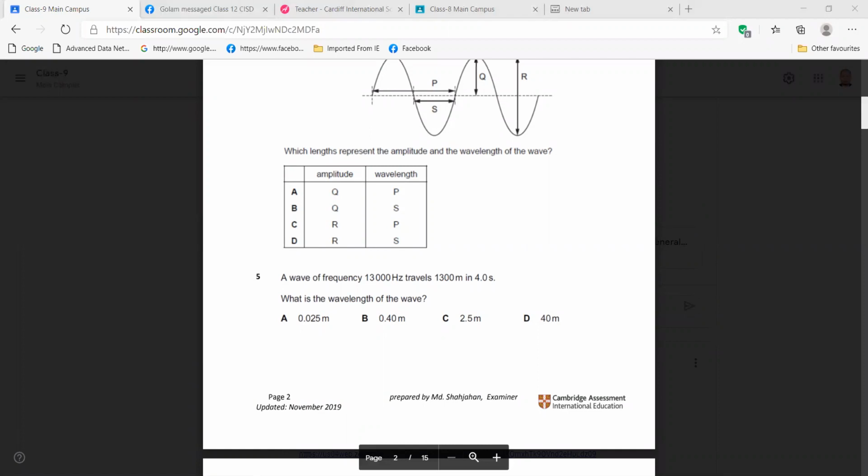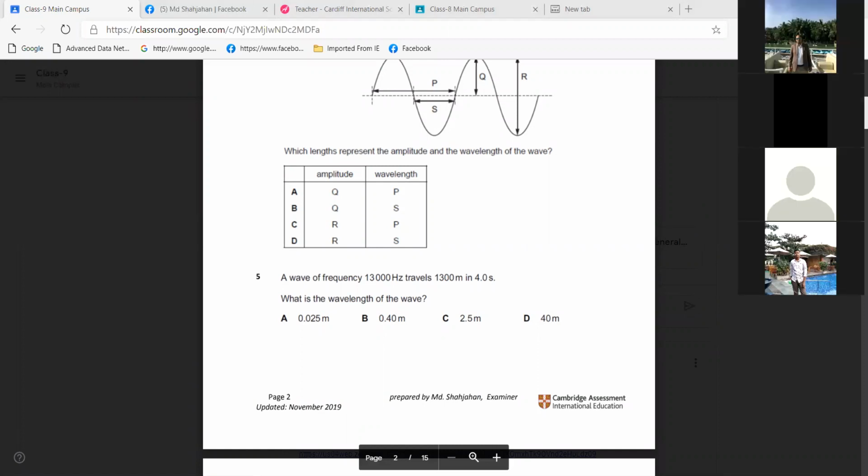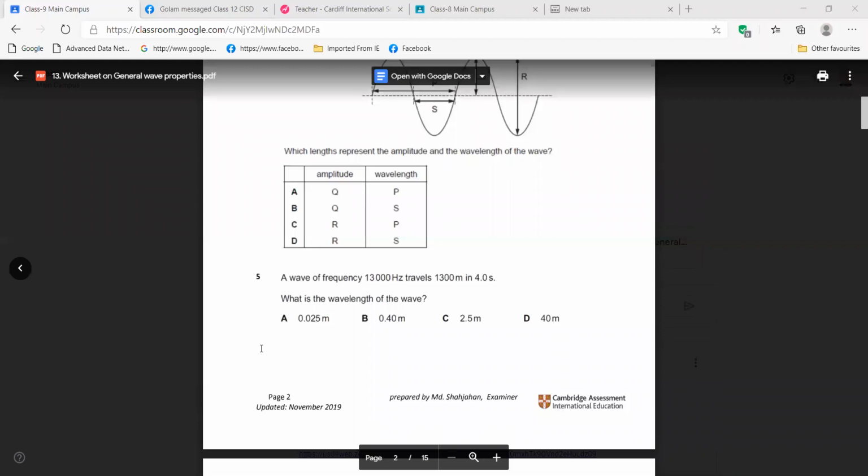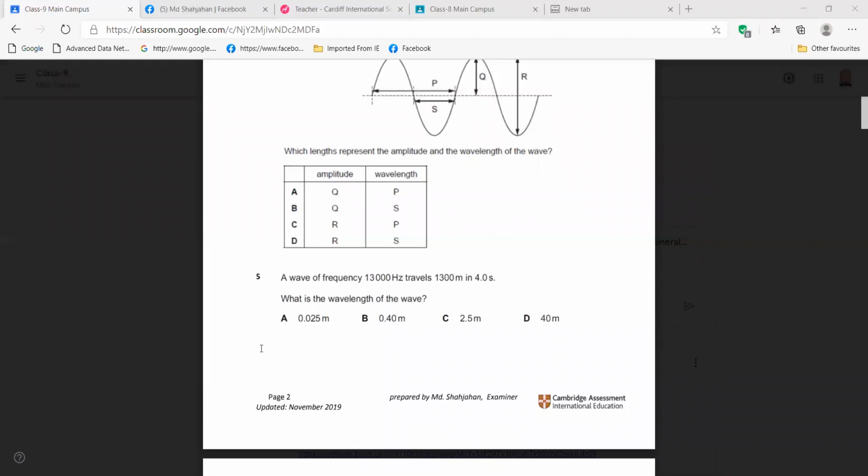If I call you, you should respond then and there. Keep your microphone on always during the class. A wave of frequency 13,000 Hz travels 1,300 meters in 4 seconds. What is the wavelength of the wave?